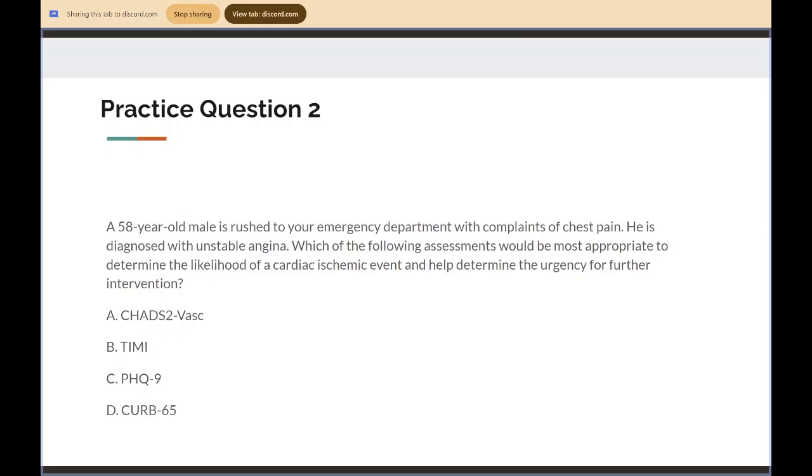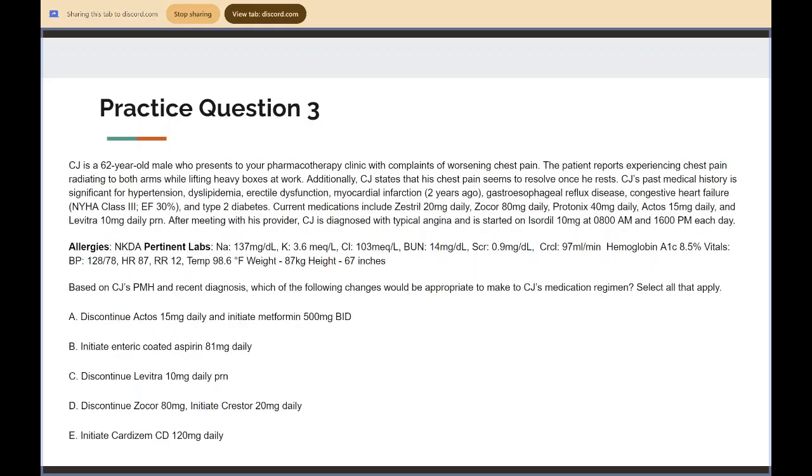All right, let's go on to practice question 3. This one is a little longer. It's also a select all that apply. So, CJ is a 62-year-old male who presents to your pharmacotherapy clinic with complaints of worsening chest pain. The patient reports experiencing chest pain radiating to both arms while lifting heavy boxes at work.